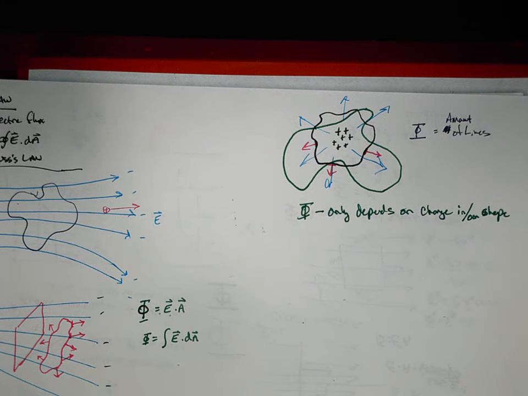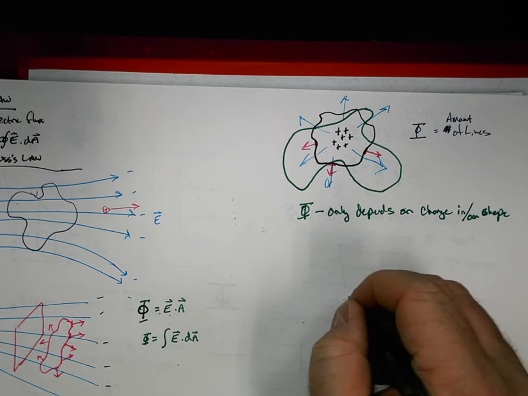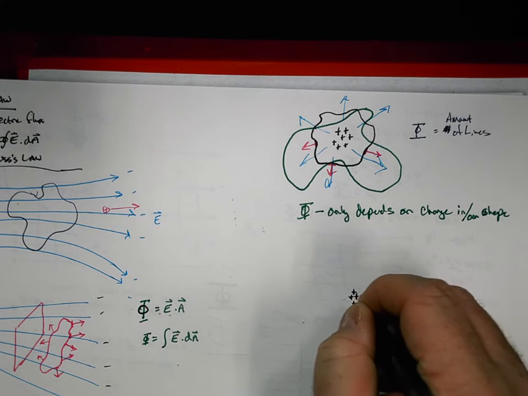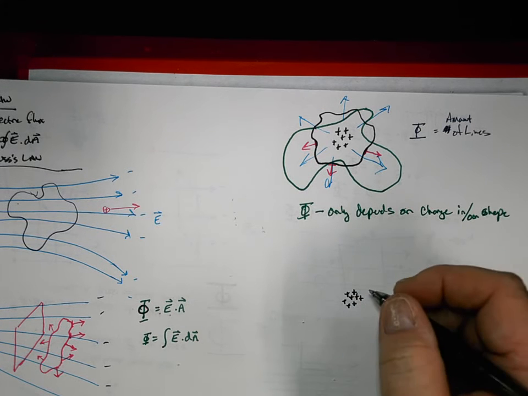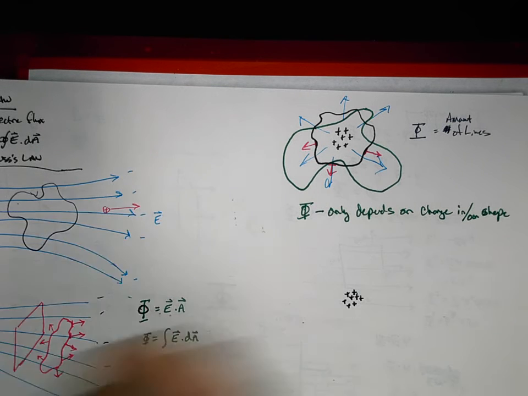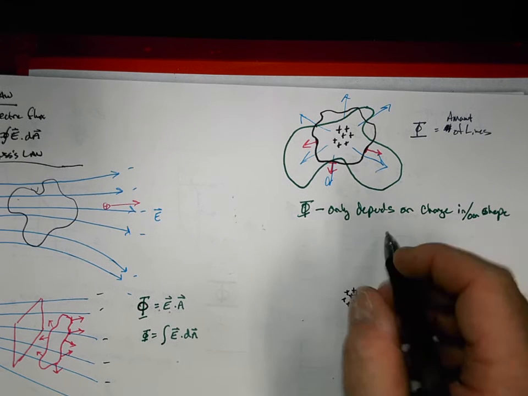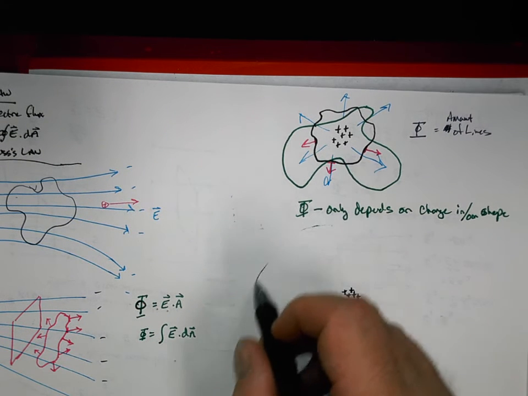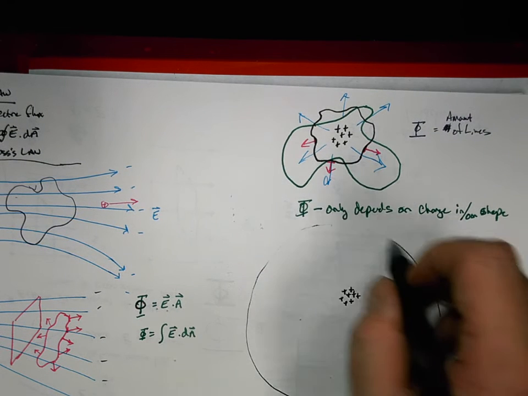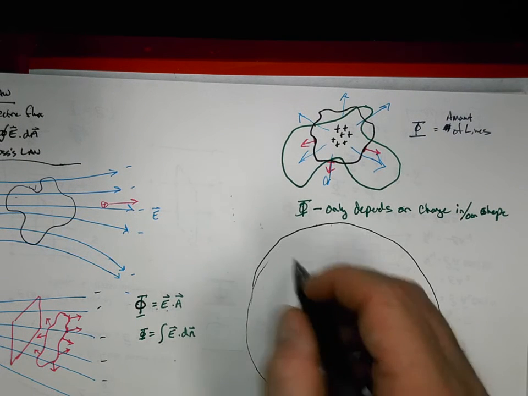So what we can do is create what's called a Gaussian surface. We put a charge here, and we create a sphere around our charge.